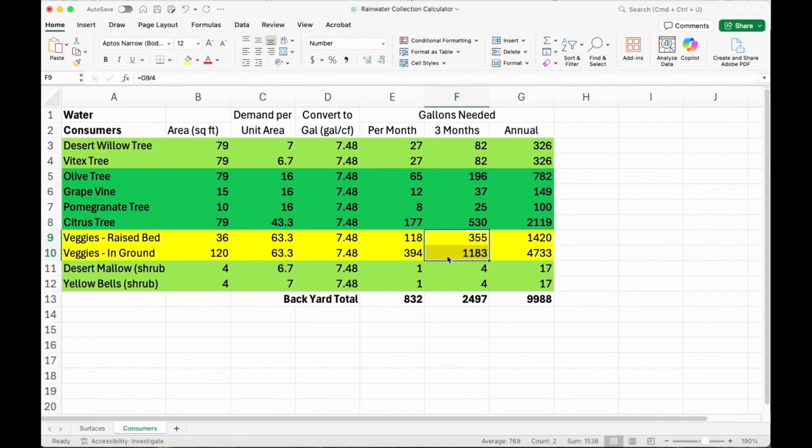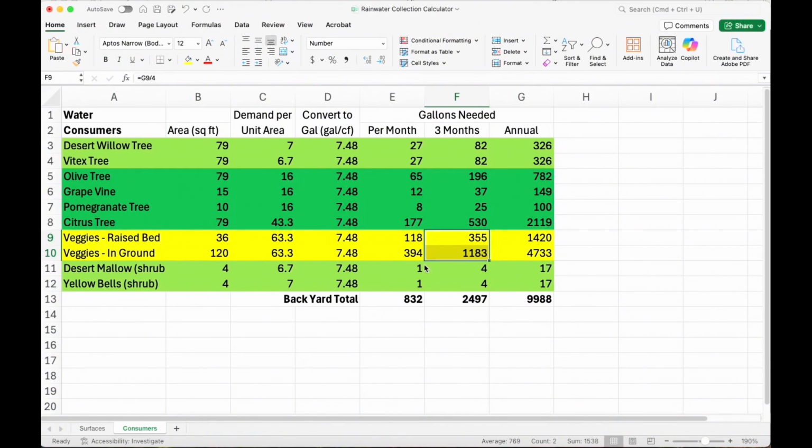Like when I was in Montana, we couldn't grow more than maybe 4 months out of the year. So my annual number would not have made sense because this is a number that represents 365 days of watering, when really I could only grow anything for 3 or 4 months out of the year. So this is actually the total amount of water that I would need to provide.